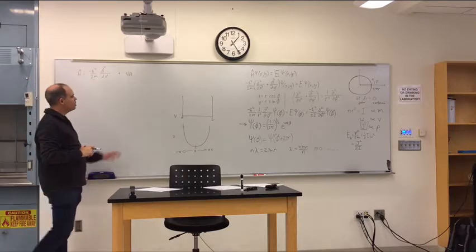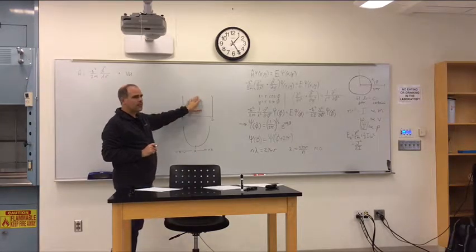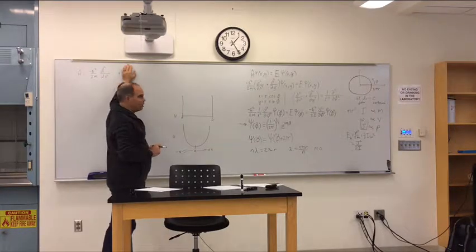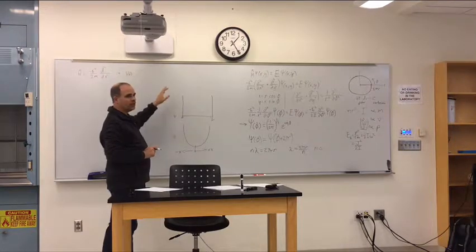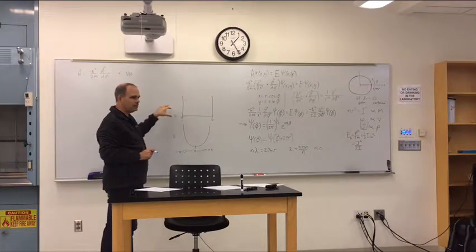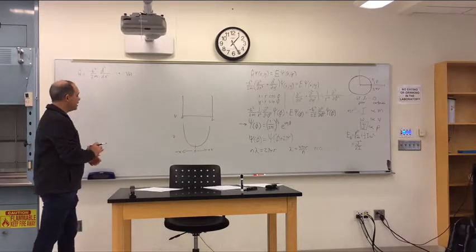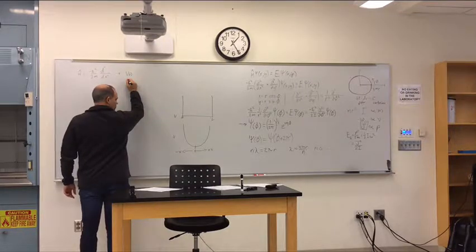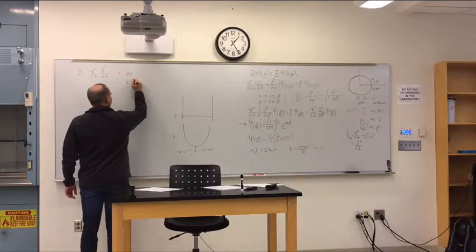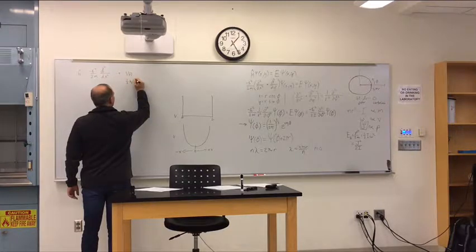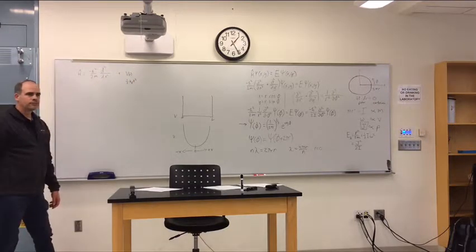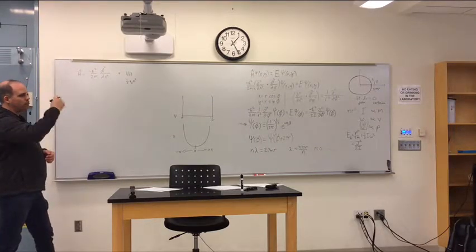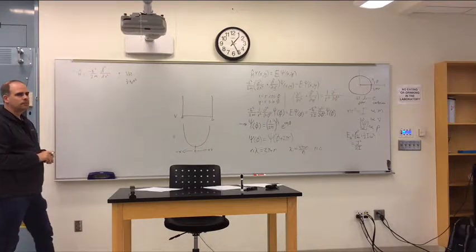For the particle in a box, between this point and that point it's 0, so it goes away. At the boundaries it goes to infinity, so you can't have a particle outside. For our harmonic oscillator, the potential is 1/2 k_f x squared, so it's being modeled via a parabola.